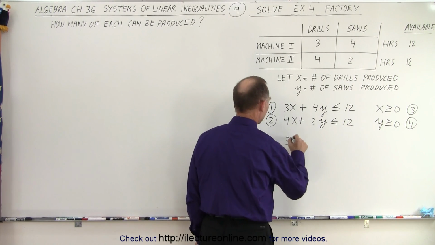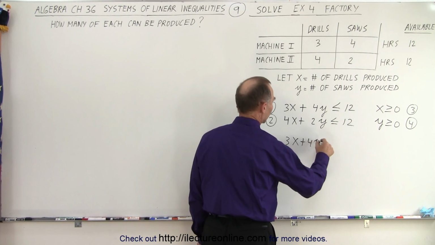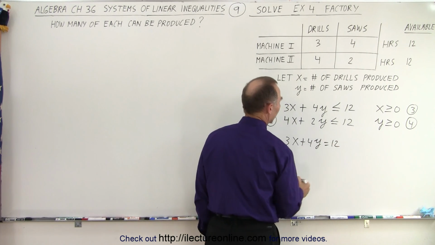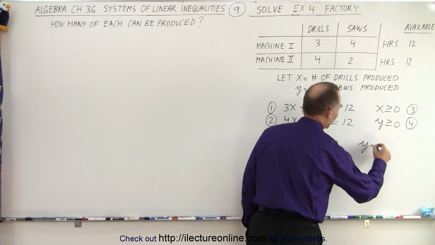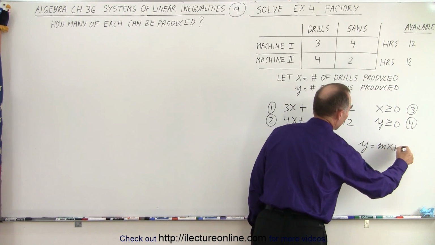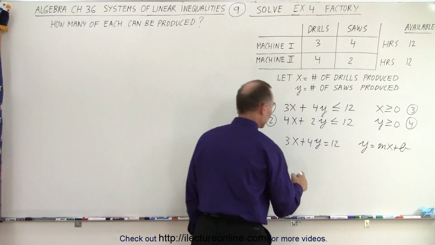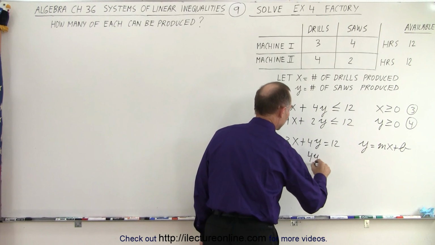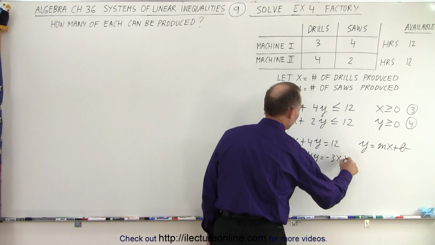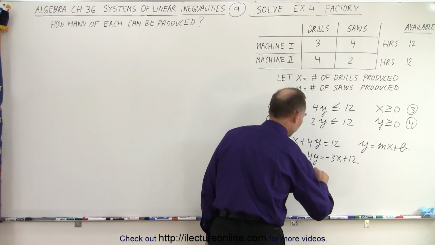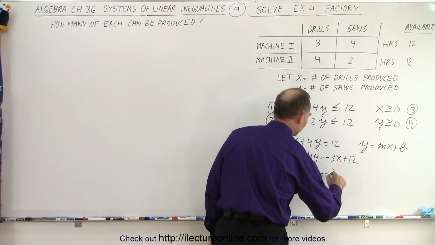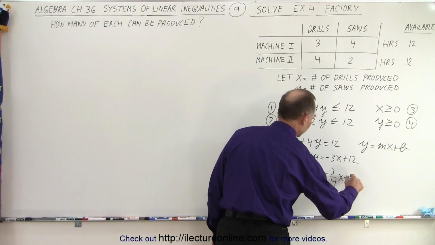So that is 3x plus 4y equals 12. And of course, we want to put that in the format y equals mx plus b. That means that 4y is equal to minus 3x plus 12. Divide everything by 4, you get y equals minus 3/4 x plus 3.